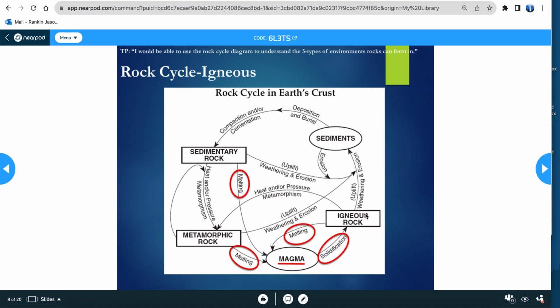Because in reality, intrusive and extrusive, you colored this in yellow and red. Your reds were intrusive rocks, your yellows were extrusive rocks. But magma deals with intrusive rocks.